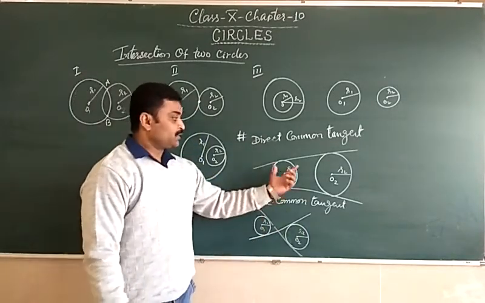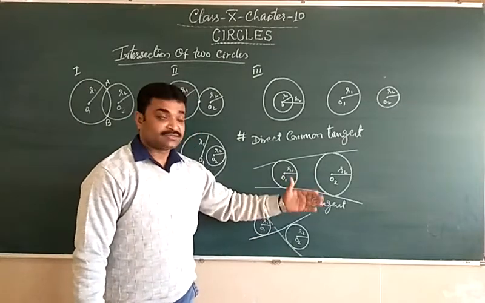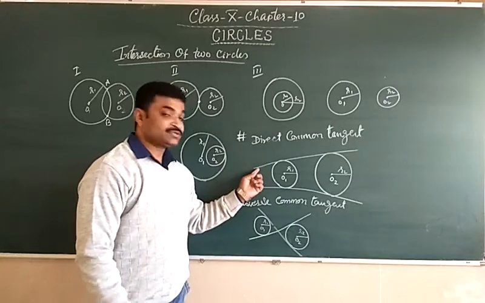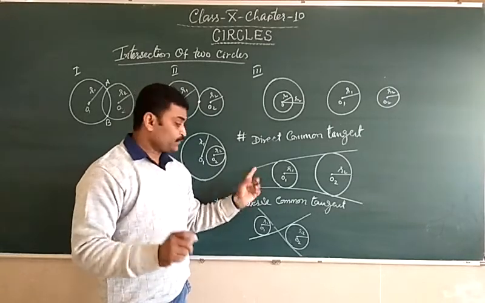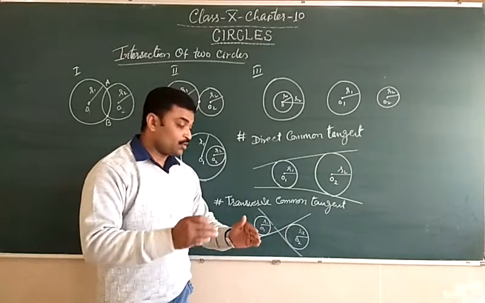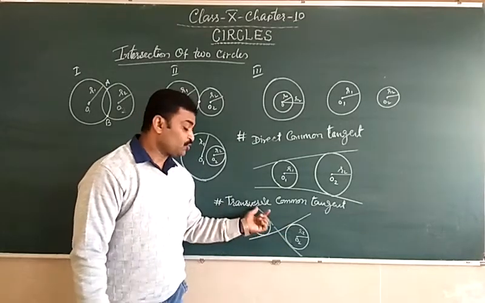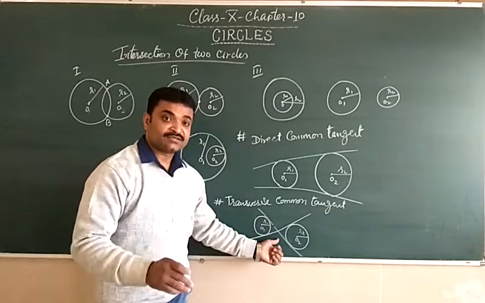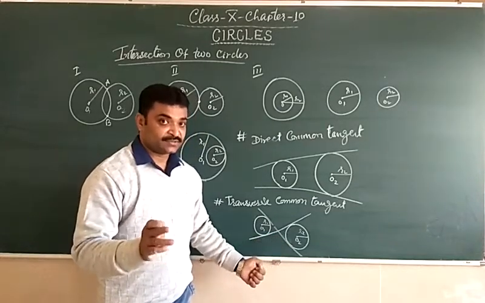Clear? That means if two circles lie on the same side of a common tangent, then the tangent is called direct common tangent, and if two circles lie on opposite sides of a common tangent, then the common tangent is called transverse common tangent. Clear?